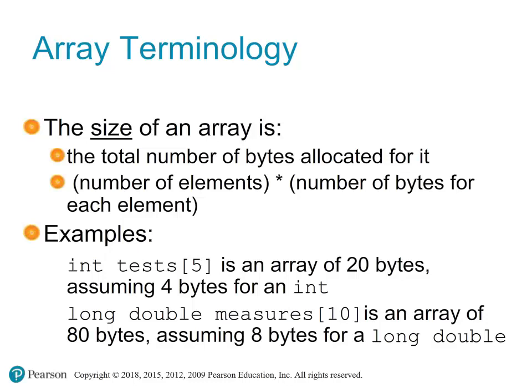Similarly, if you have an array measures with 10 long double elements, and a long double takes up 8 bytes in your system, then the array will occupy 10 multiplied by 8, equals 80 bytes. So knowing the size is important for memory allocation and management.